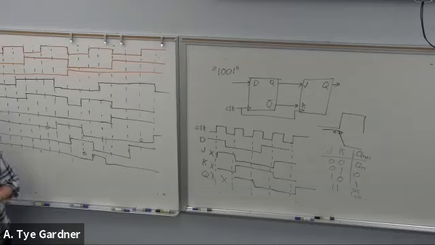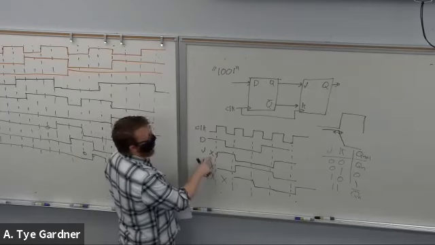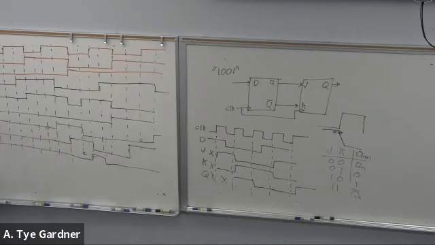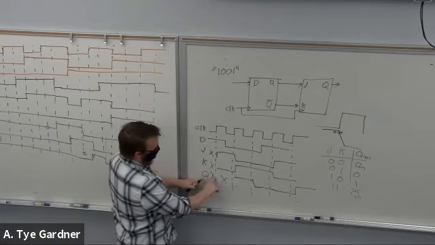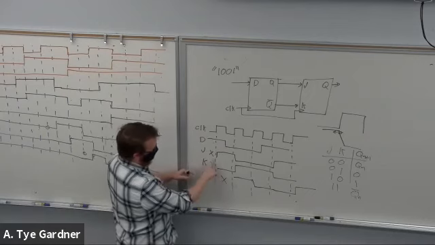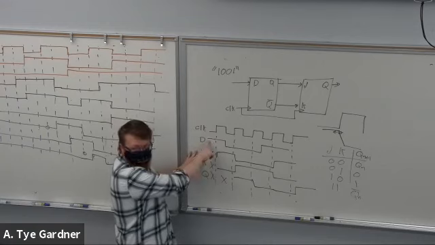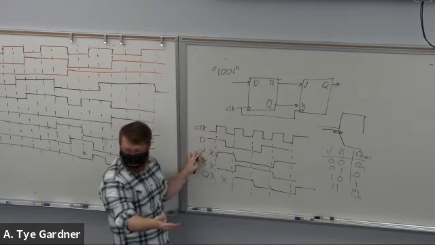So why is it don't know on the first clock? Because the J is the output of that. Let me make sure I did this right. Okay, so at this rising edge, first rising edge, D is defined, right? So on that clock edge, J can update.